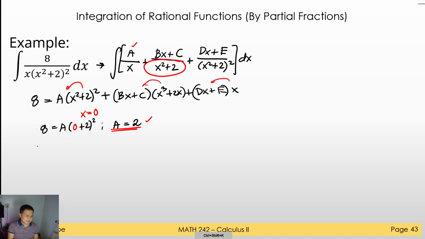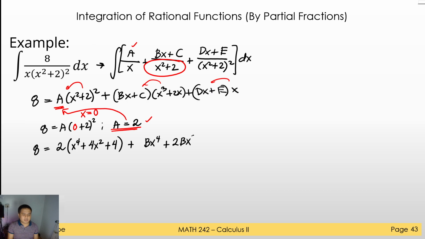So this will be a long one. Also you can substitute that 2 here. I will substitute this already here. So you have 2 times, expand this one, x to the 4th plus 4x squared plus 4. I hope that's fine. And then plus, by the FOIL method, you have Bx to the 4th, plus 2Bx squared, inner and last, plus 2Cx.